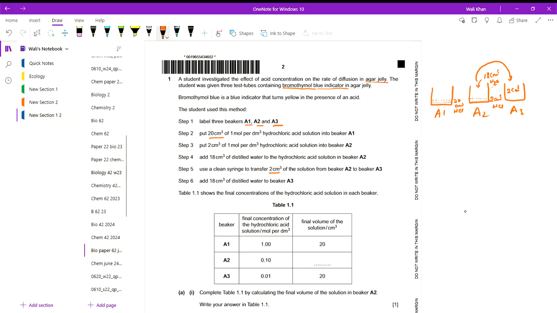The table shows the final concentration of the hydrochloric acid solution in each beaker. The final volume of the solution is 20 in A1, A2 and A3.